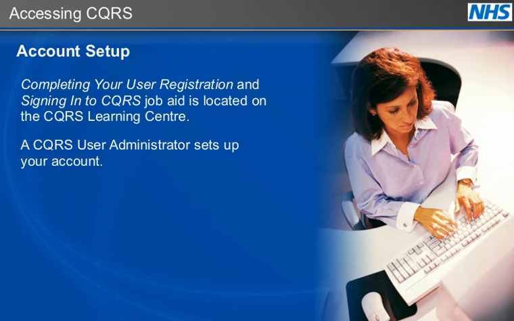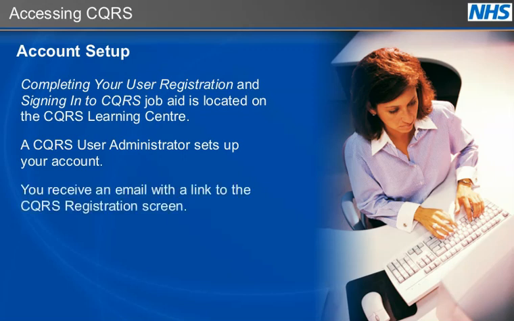You'll also need to provide your organization and your function within that organization. The CQRS user administrator will add your details to CQRS and work with you to determine your role. After completion, you will automatically receive an email that includes a link to the CQRS user registration page.